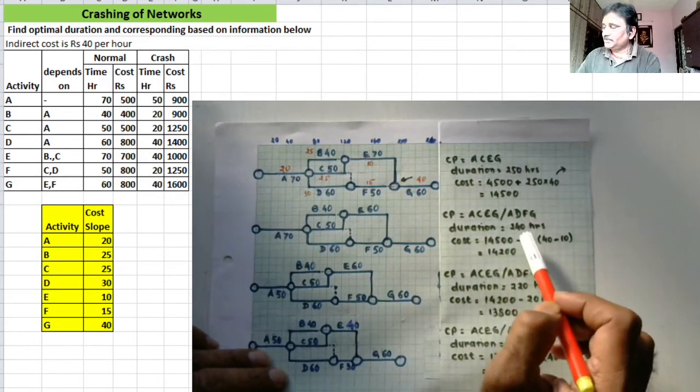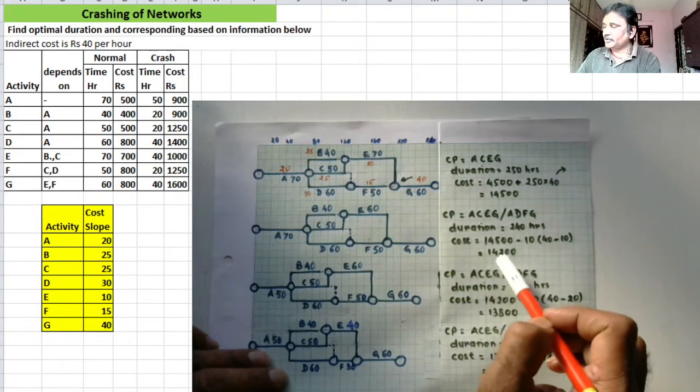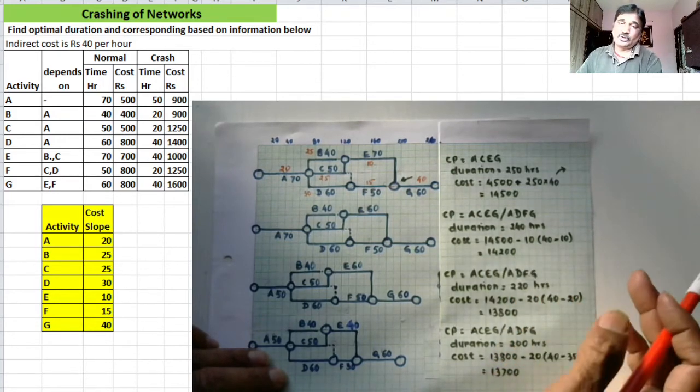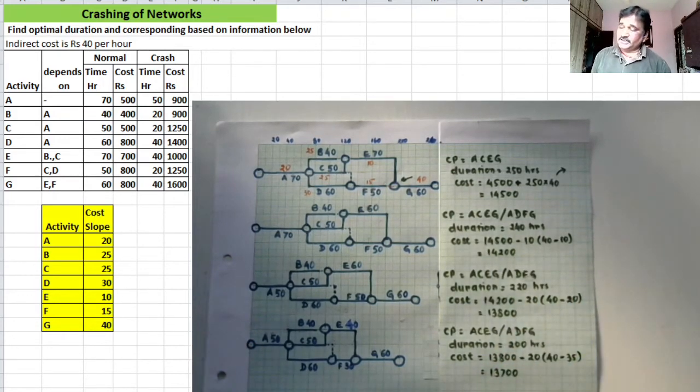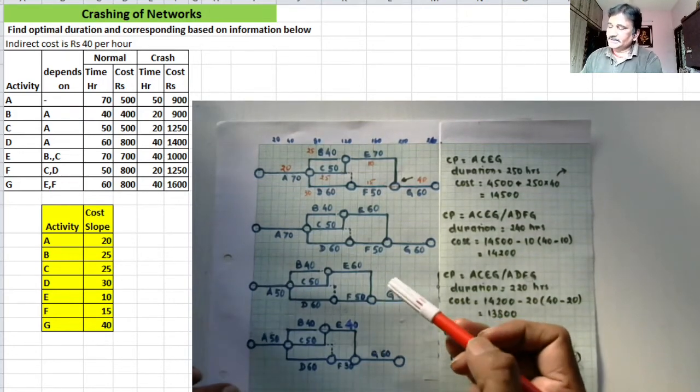So 14,500 minus 300 is 14,200. So the latest cost because of the crashing has reduced from 14,500 to 14,200.